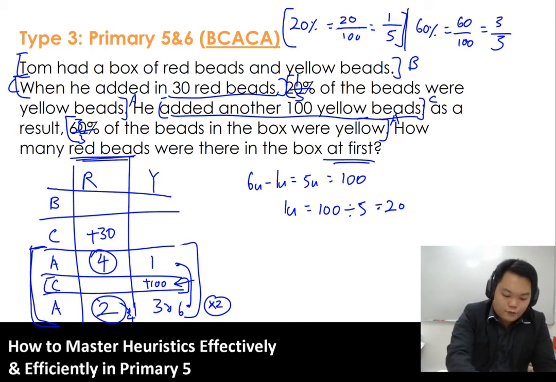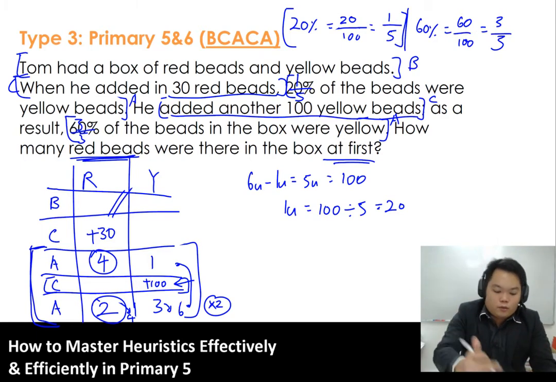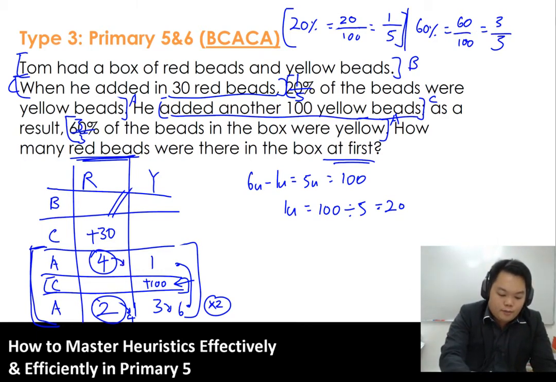Finally, we are supposed to find the number of red bits at first. So this is our objective. We need to know how many red bits there were at this point. So that would be 4 units, which is 4 times 20 to give you 80.